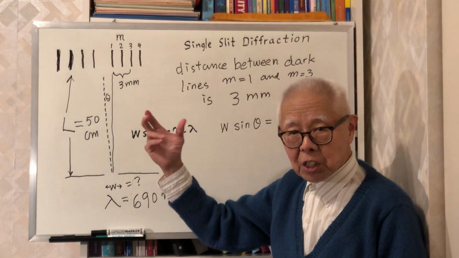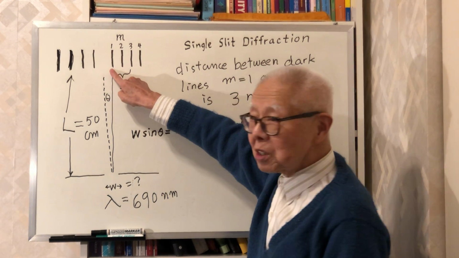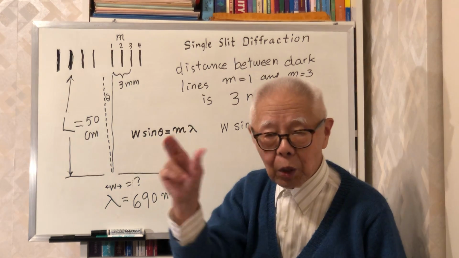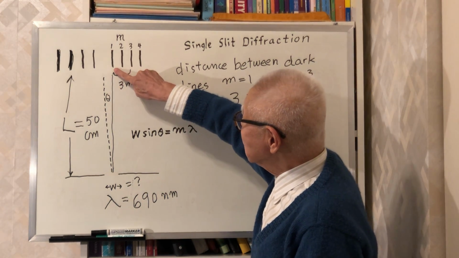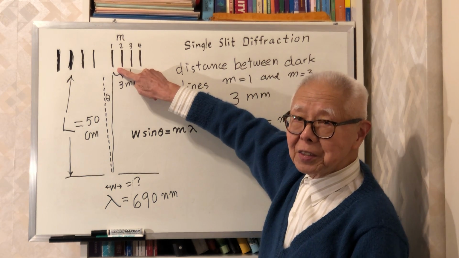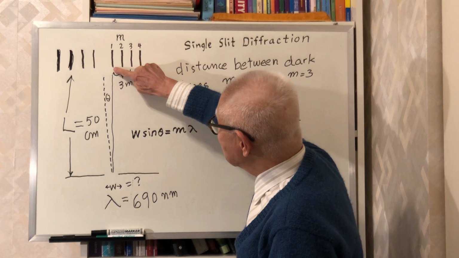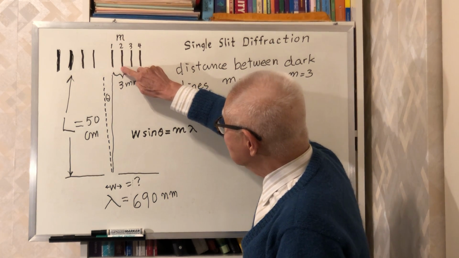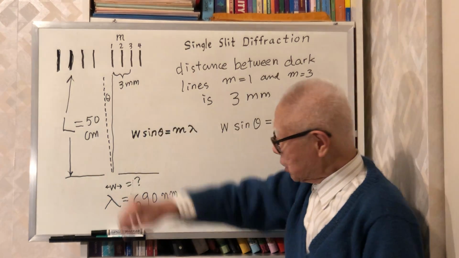The property is this. The center width is double the space between neighboring dark lines. What is the space between this one and this one? It's half of 3 millimeter.